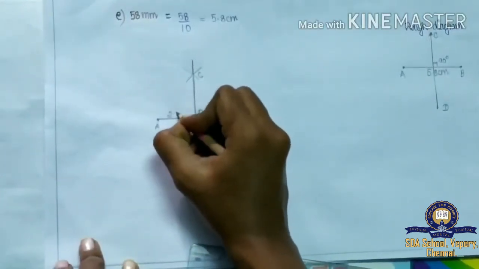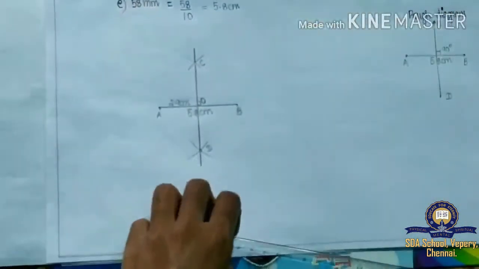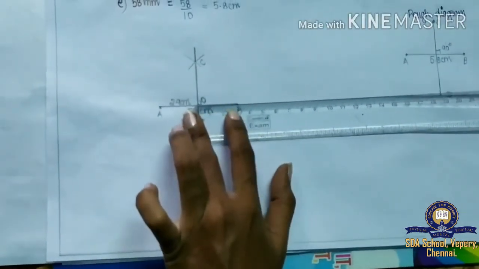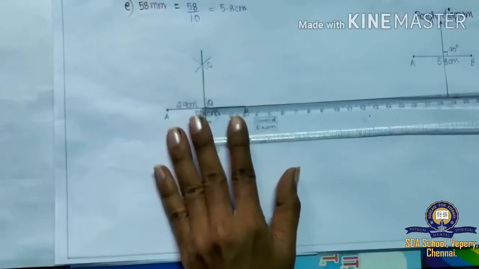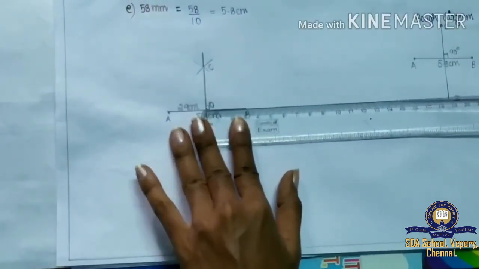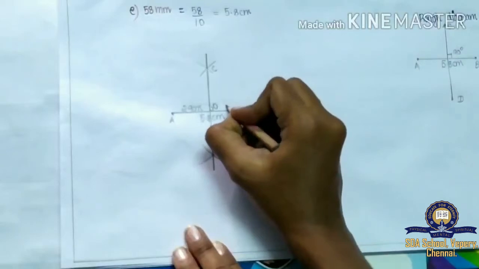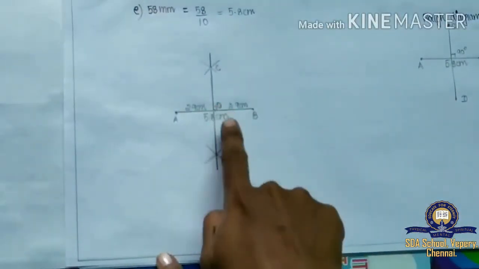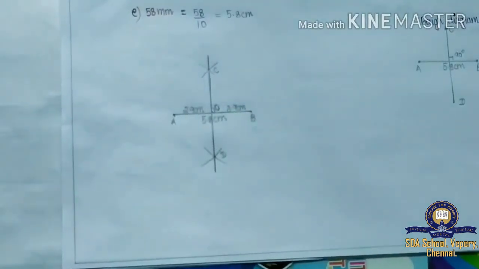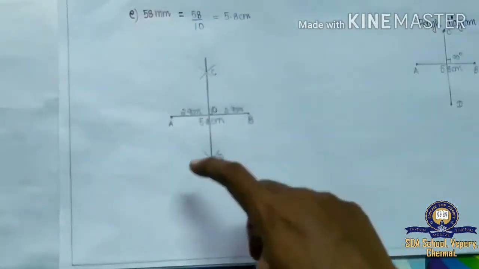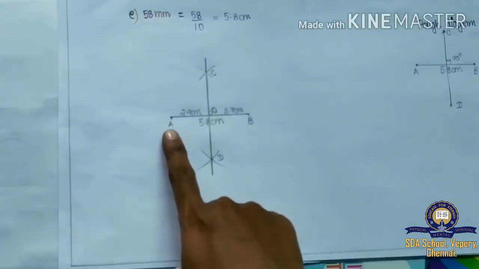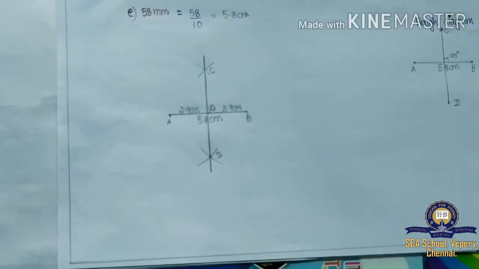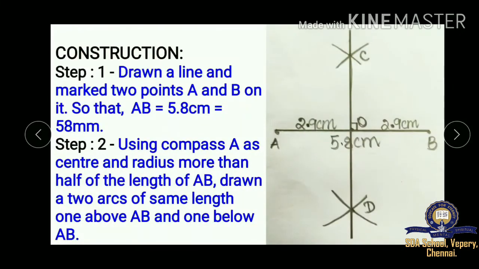So you just write 2.9 centimeter and the BO as 2.9 centimeter. Now AO is equal to BO. Now the required CD is a perpendicular bisector of AB. Are you clear, students?